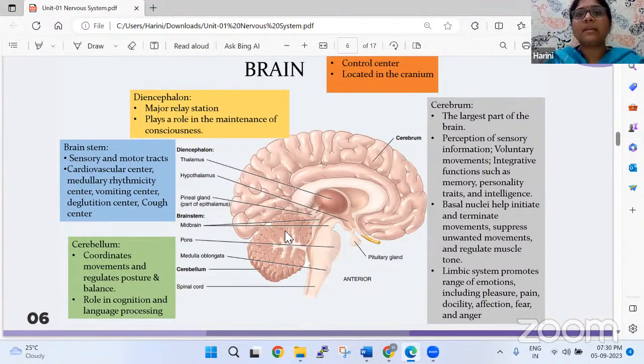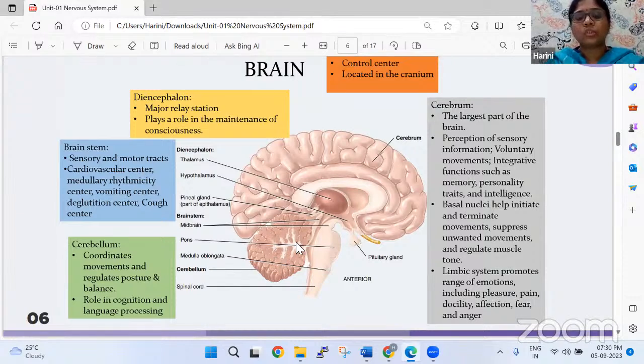Just as I've told you, the axons of the neurons are covered by myelin sheaths. Myelinated neurons and unmyelinated neurons are the two basic things present in white matter and gray matter. Based upon the color, you differentiate it into white matter and gray matter. So this is about the cerebellum, the smallest part.